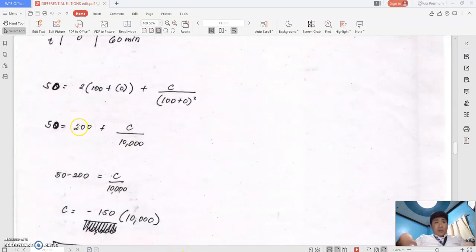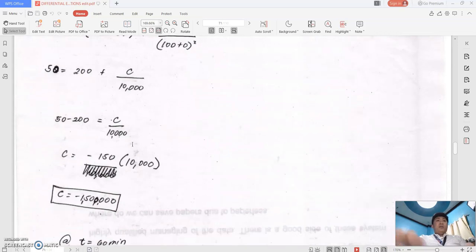So from that, 2 times 100, that is 200. So in order to get the arbitrary constant C, you simplify this further, 50 minus 200, then the result of this is negative 150, and multiply by 10,000. So that becomes 1.5 million.